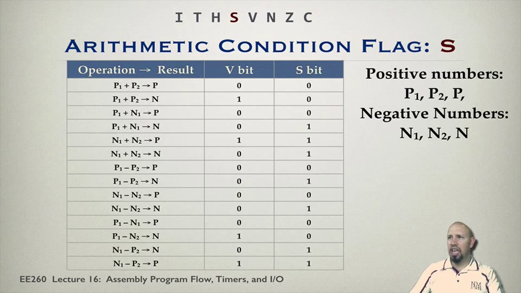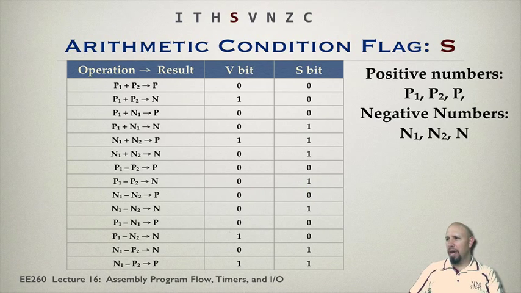In fact, if we look at the table with V, I have to add a few more entries because now it matters whether it was positive or negative here. In some of these, it didn't matter what the result was going to be. For example, I took a positive, subtract a positive. It didn't matter what the result was going to be. I'm going to get a 0 there. But in terms of the S bit, it does matter.